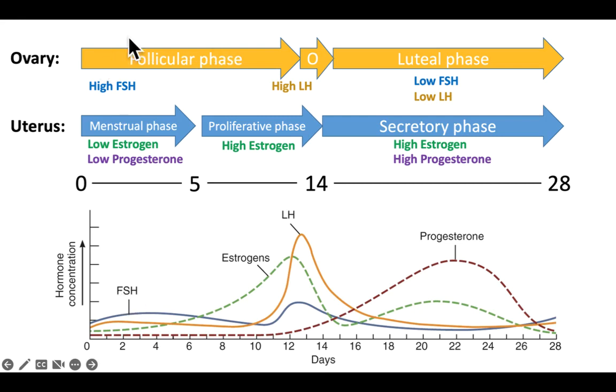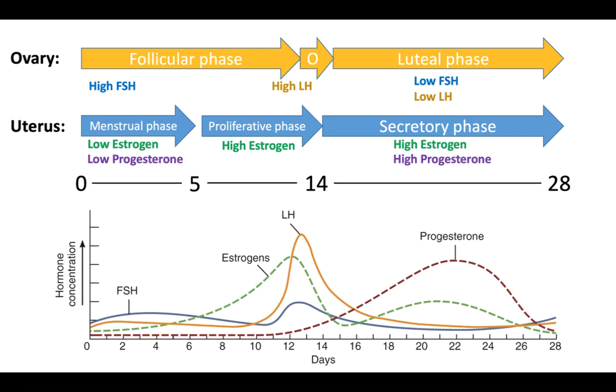Well, it's causing this follicular phase, right? It's maturing the follicles. Now notice what's low. We have low estrogen and low progesterone. What are the low estrogen and progesterone causing? They're actually causing menstruation. So menstruation is due to low estrogen and low progesterone levels.